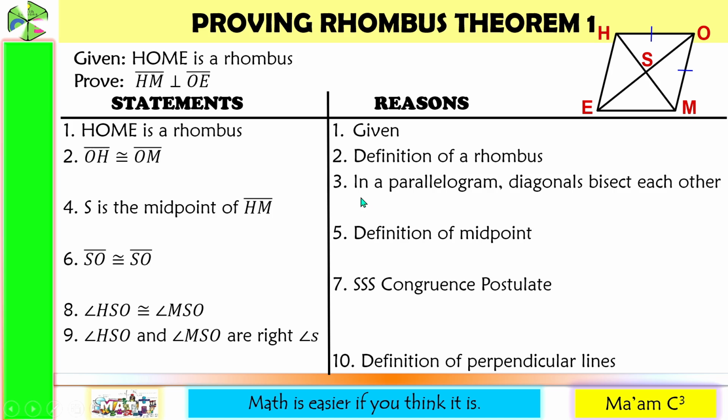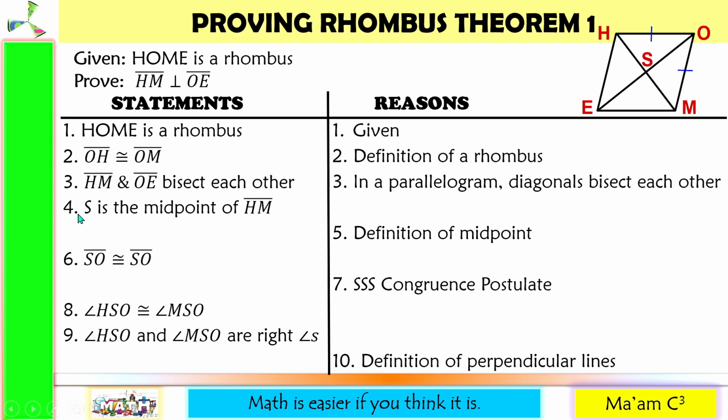Next, for the reason, in a parallelogram, diagonals bisect each other. So meaning HM and OE bisect each other, right? Diagonals bisect each other. So HM bisects OE and OE bisects HM. They bisect each other.